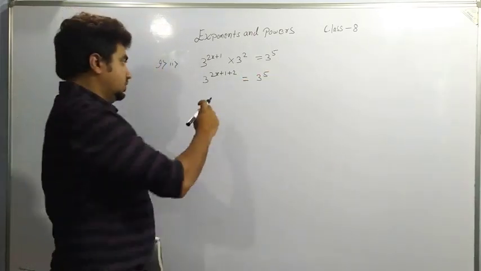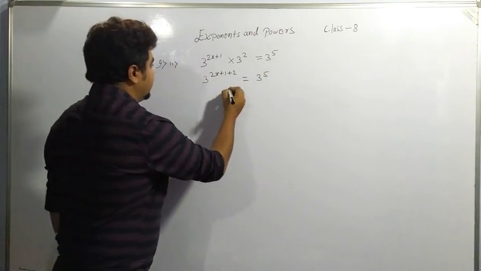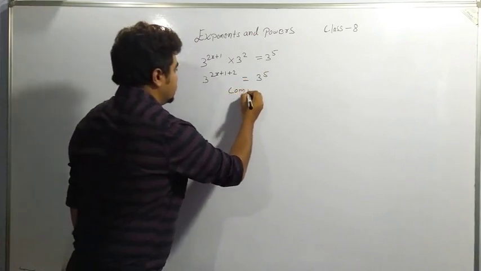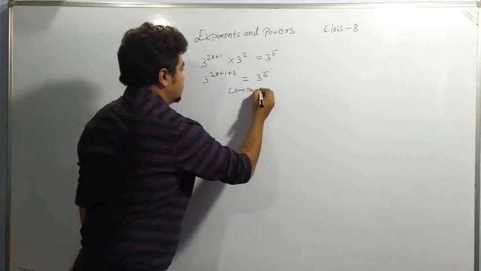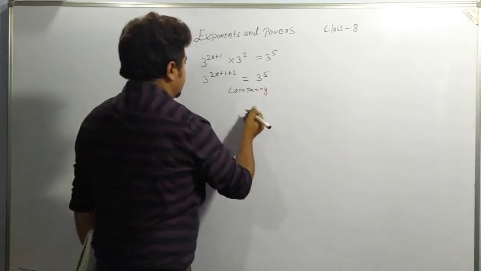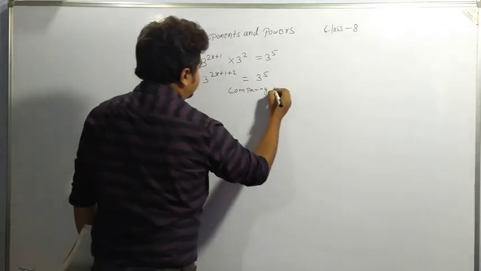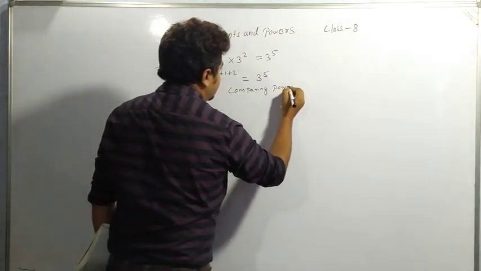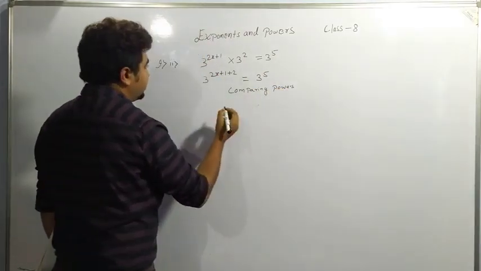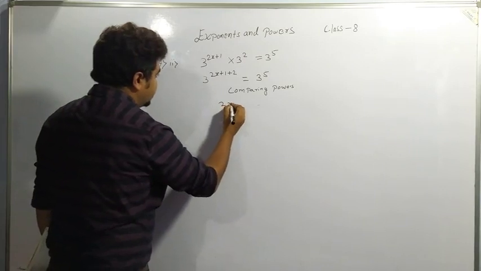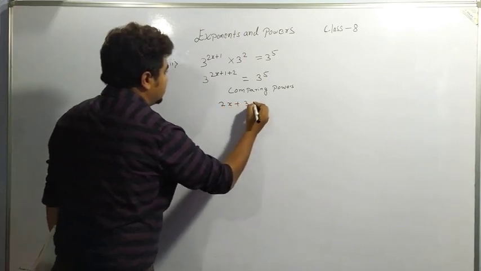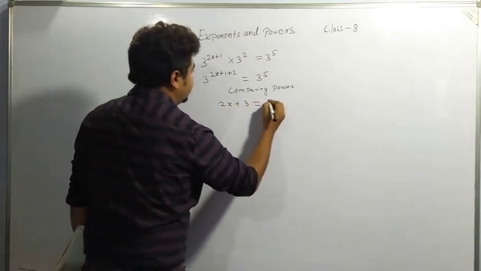Now as base is same, comparing the powers as we are able to see, exponent we can say 2x plus 3 is equal to 5.